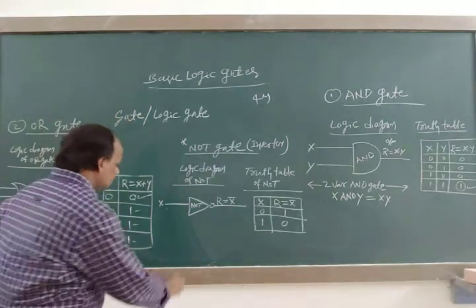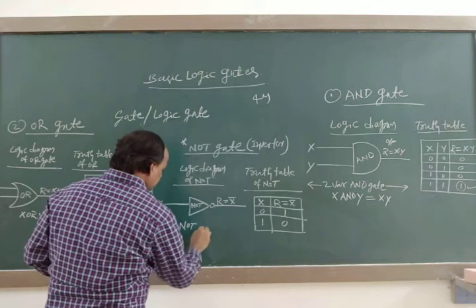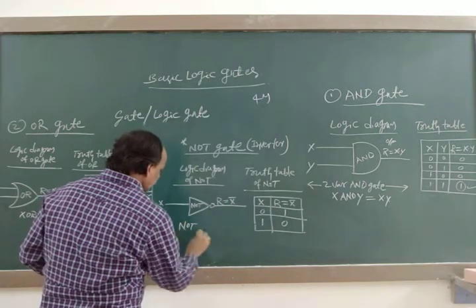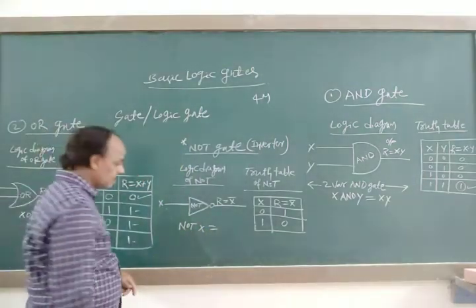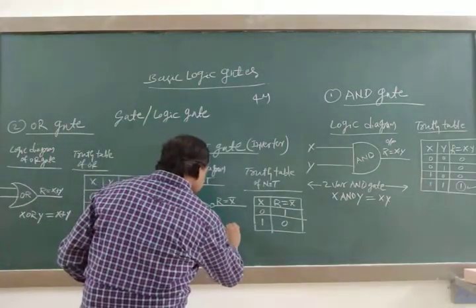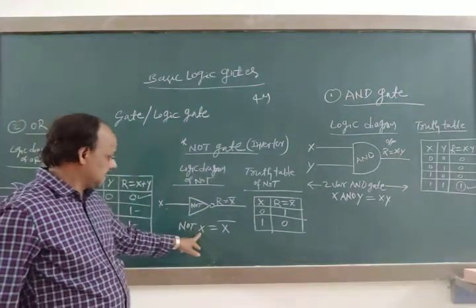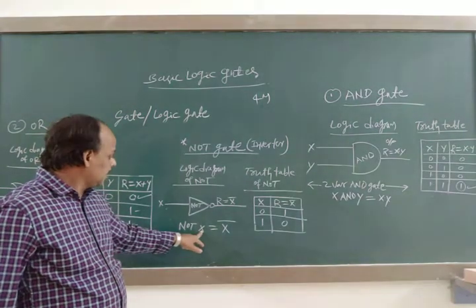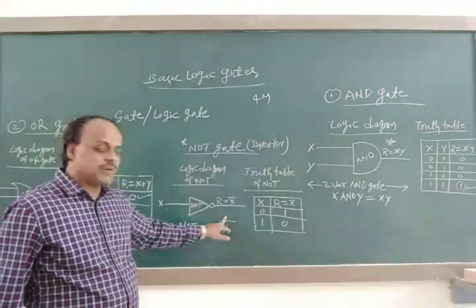And this NOT of x can be symbolized as x bar, right? If x is a variable, when it undergoes the NOT operation, NOT gate, we get x bar.